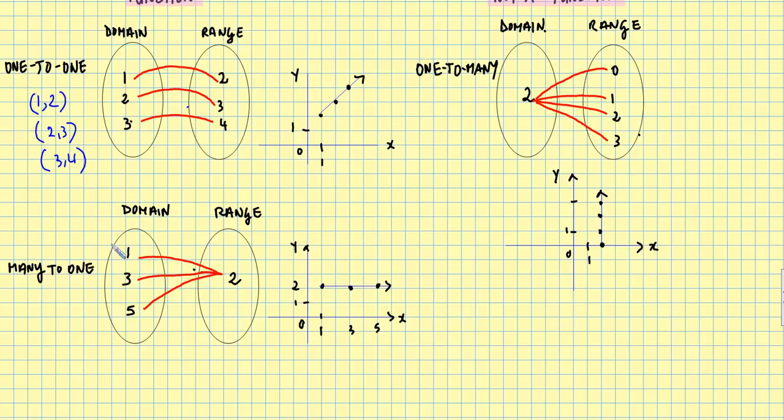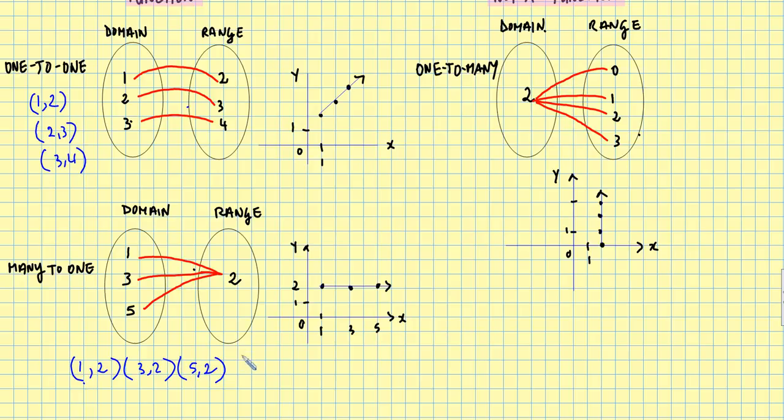If I had a horizontal line, as I had shown you on the previous slide, I could have (1, 2), (3, 2), and (5, 2). Even though they are going to the same value of y, there are different values of x.